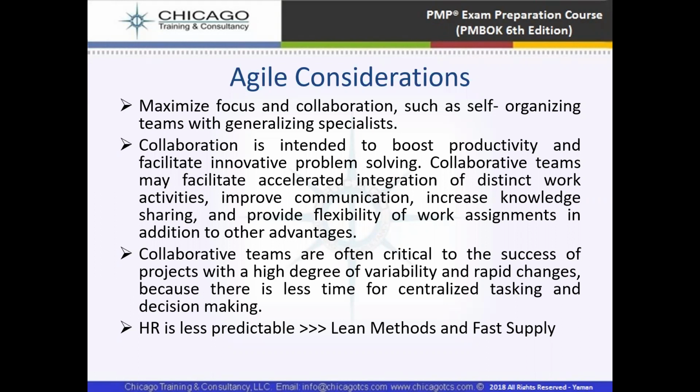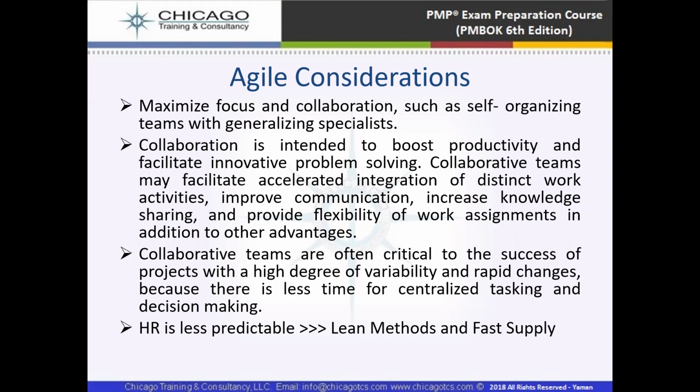HR is less predictable than lean methods and fast supply. So basically, agile considerations focus more on collaboration because they have self-organized teams with generalized specialists. That collaboration helps them boost productivity and facilitate innovative problem solving.